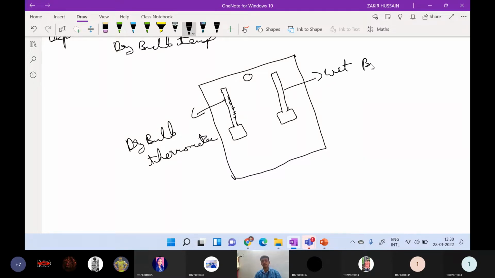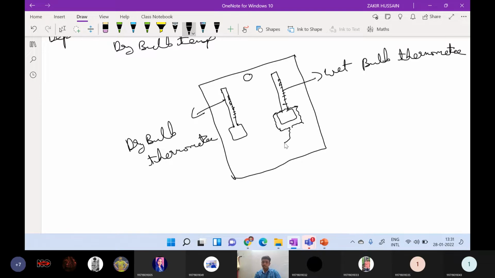Why are we calling this a wet bulb thermometer? I will explain. This thermometer will have a reading like this. One end of this thermometer bulb will be covered using a wet cloth or wet wick, like this.